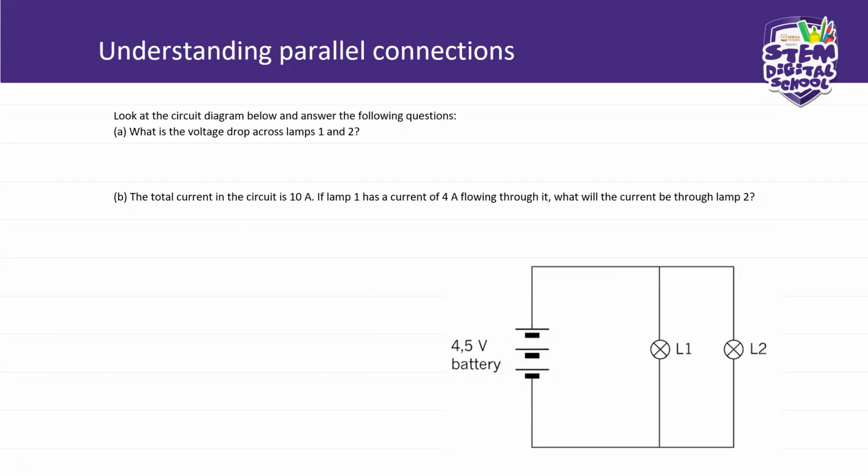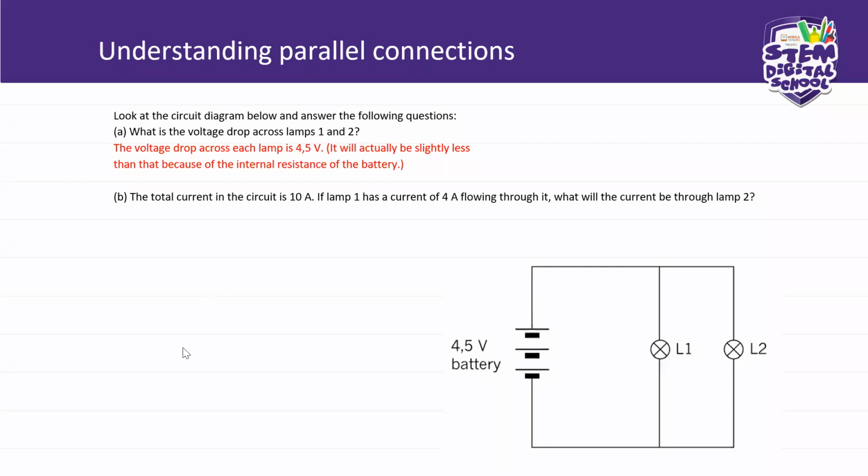What is the voltage drop here across lamp 1 and 2? LT equals what? The voltage drop across each lamp is 4.5 volts, which it will actually be slightly less than that because of the internal resistance of the battery.